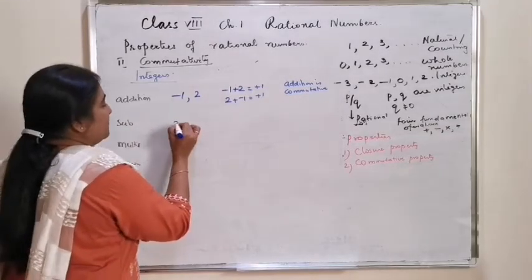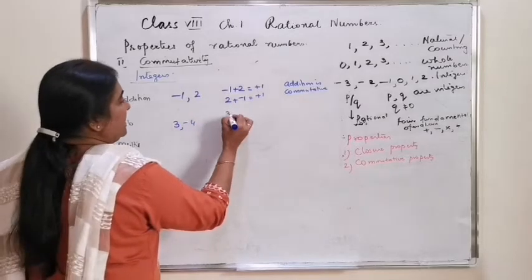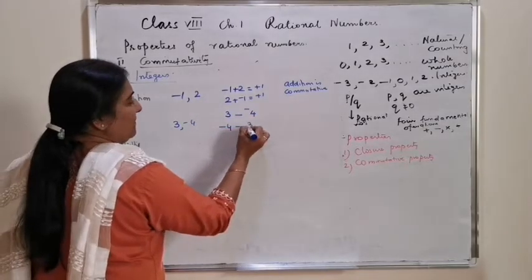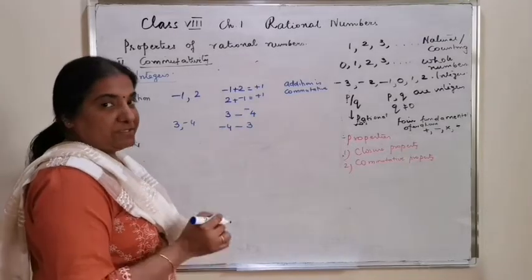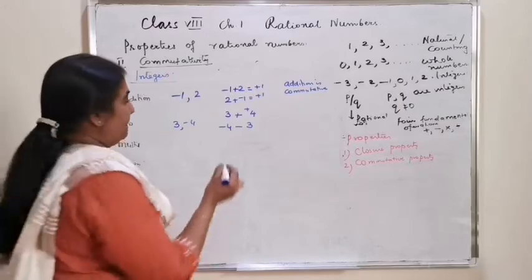Subtraction: take 3 and -4. You have to subtract 3 minus -4, and -4 minus 3. Subtraction means addition with the inverse.